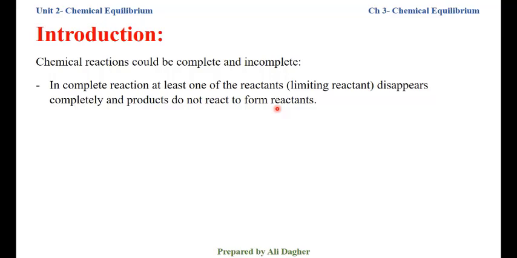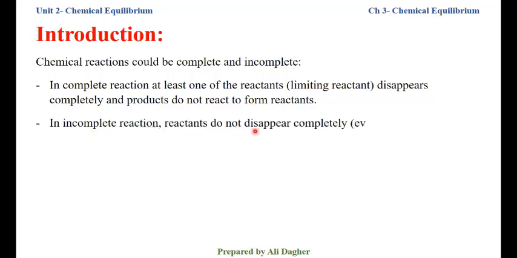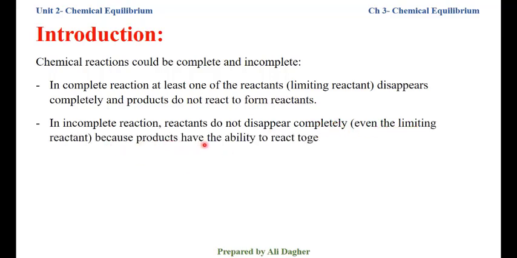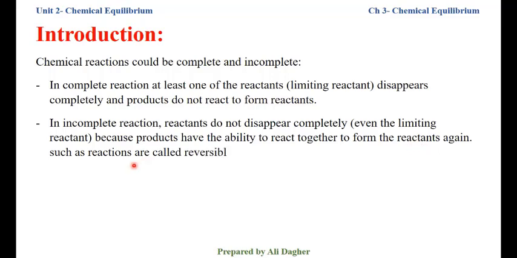One-way direction is a complete reaction. In case of an incomplete reaction, reactants do not disappear completely, even the limiting reactant, because products have the ability to react together to form the reactants again. Such reactions are called reversible reactions.